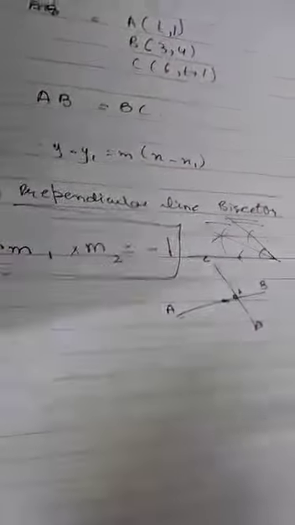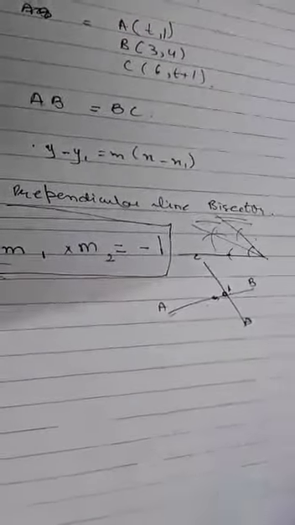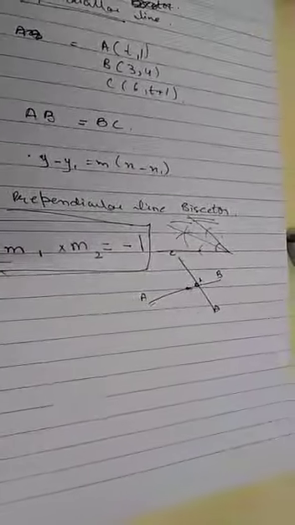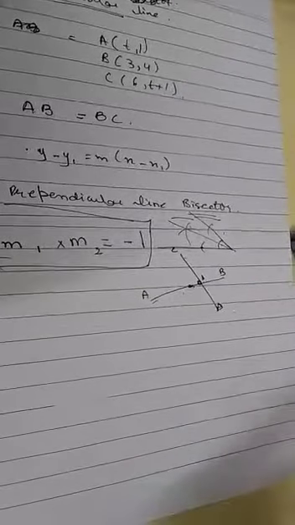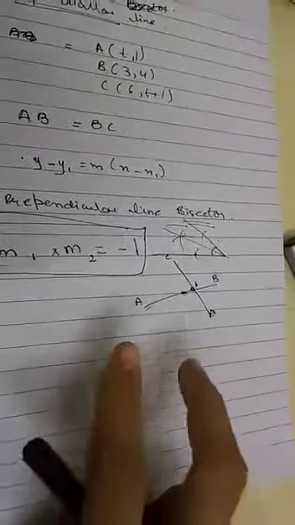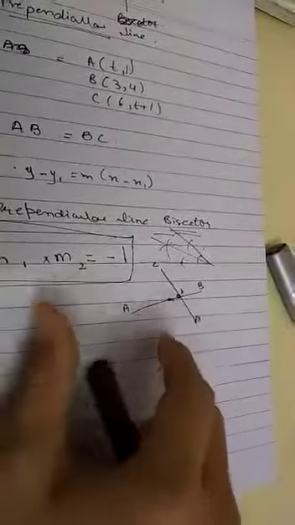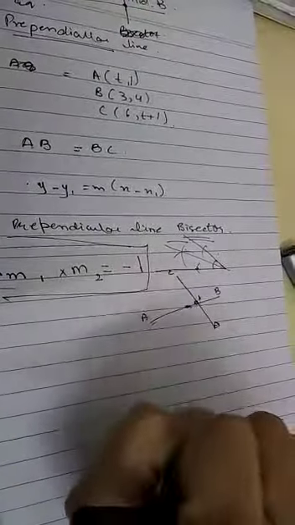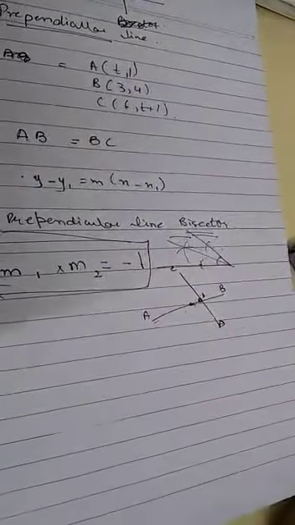Now there are steps to solve this kind of question. First, we will be given two coordinates, or two lines with the coordinates. We will find the midpoint, which we have already found by (x2 plus x1) upon 2 comma (y2 plus y1) upon 2.